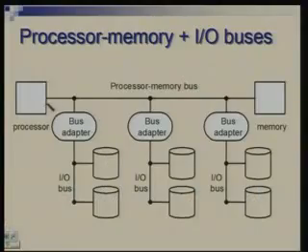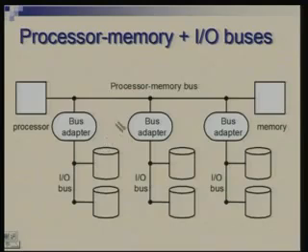This is an example where you can see a processor memory bus. This bus is connecting a processor with the memory, but of course, these two cannot be isolated. We have to have input output somewhere, and input output is organized in terms of I/O buses. So there are multiple I/O buses here.